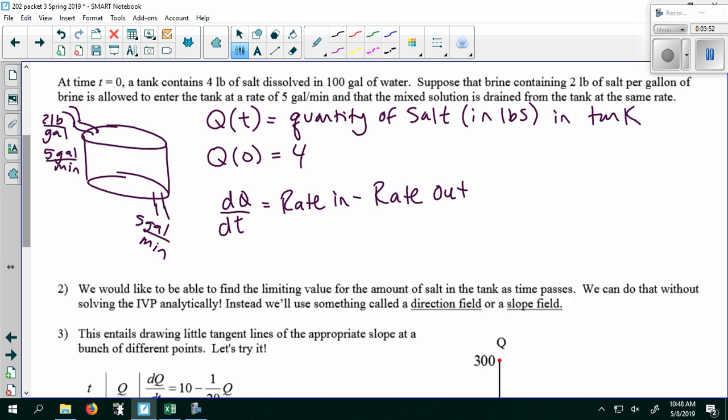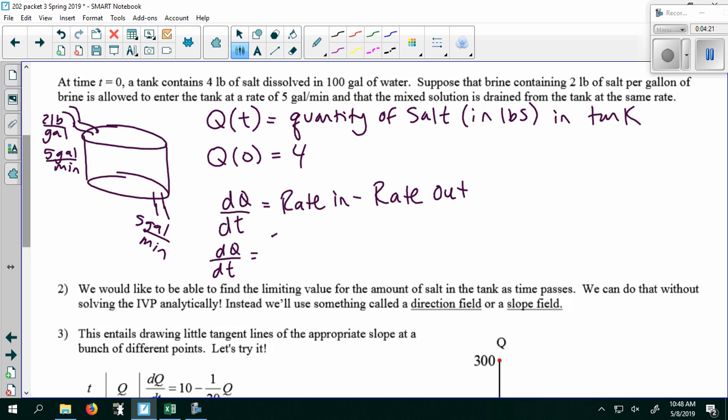You subtract them to get the net rate of change for the salt. Okay, so dQ/dt equals, so the rate in, 2 pounds per gallon times 5 gallons per minute will give you pounds per minute. The Q units are pounds, the t units are minutes, so we need pounds per minute. You get that if you multiply these together.